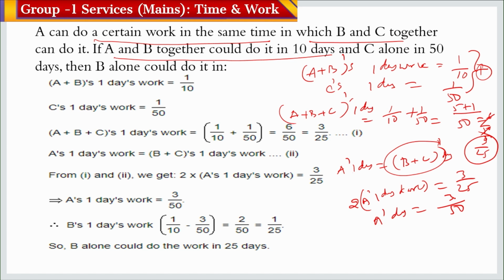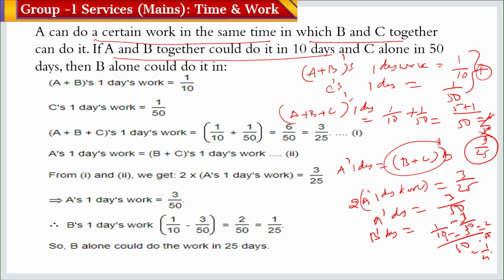A plus B 1 day work is 1/10. So B's 1 day work is how much? Means A plus B is 1/10 minus 3/50. LCM is 50. It is 5 minus 3, 2/50, 1/25.